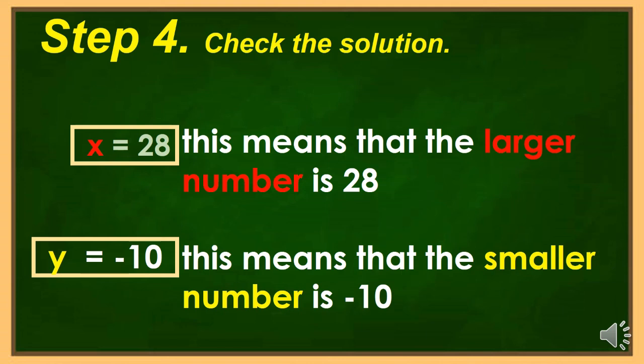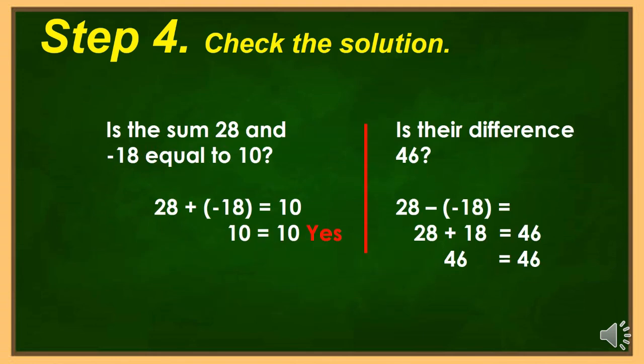Before we had our break earlier, you were asked to verify whether 28 is the solution for x and for y we have negative 10. Now, let's do the check. The condition says the sum of the two numbers is 10. The question now is, is the sum of 28 and negative 10 equal to 10?